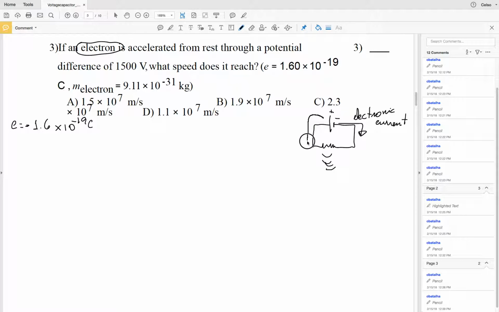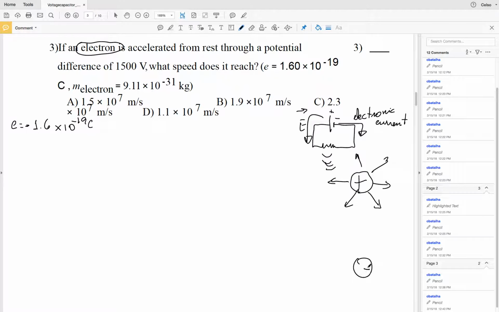The electric field, the vector electric field, has an orientation from positive to negative. Like in a positive charge, if you have a positive charge, the electric field lines are radially given out of the positive charge. So they go from positive to the negative charge.